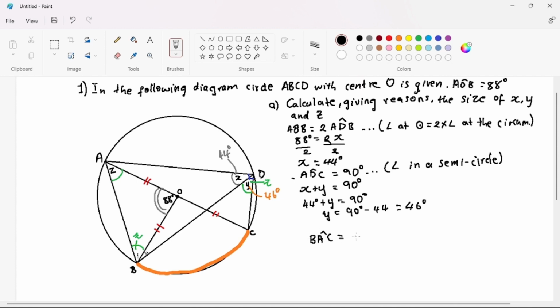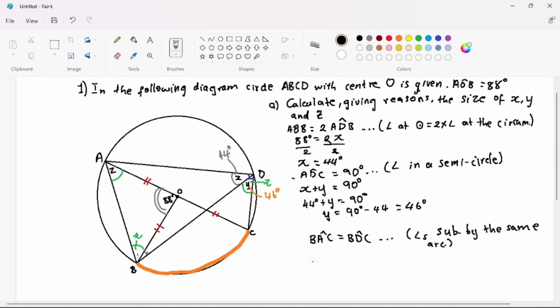So from here, guys, we can simply say angle BAC is equal to angle BDC, right? Our reasoning is going to be angles subtended by the same arc, right? And after that, we are going to substitute. So what is our BAC?